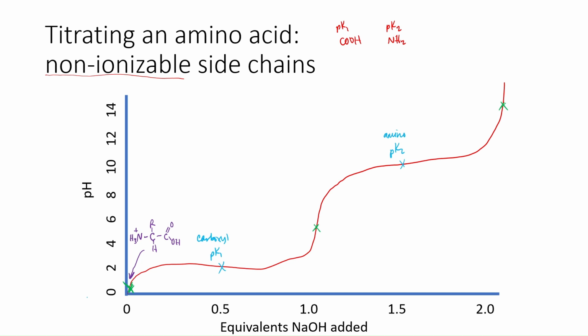Once we get to the first equivalence point, sort of in the middle of the graph, we've passed the point, our first pK, so our carboxyl group is now going to be fully deprotonated.